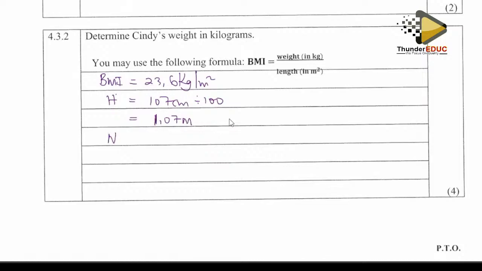What's missing is the W, the weight. But we have this and this. So if the weight is missing, the weight is going to be the BMI times the height squared. So weight equals 23.6 times our height.